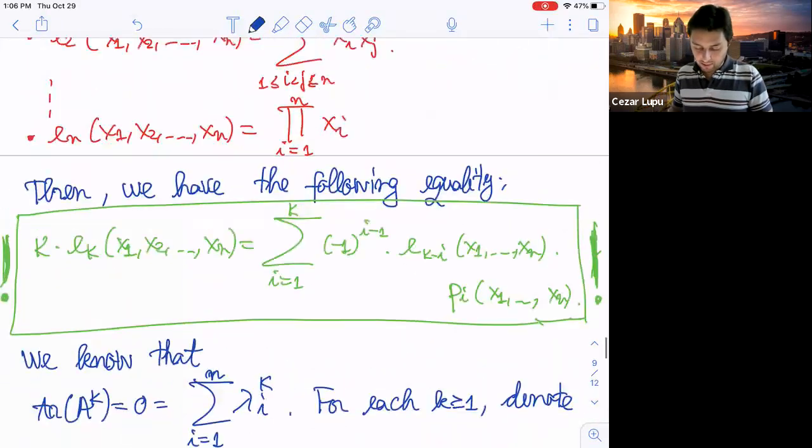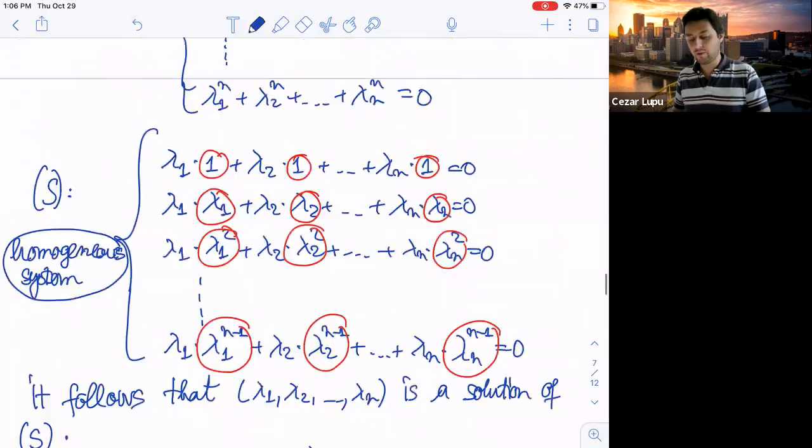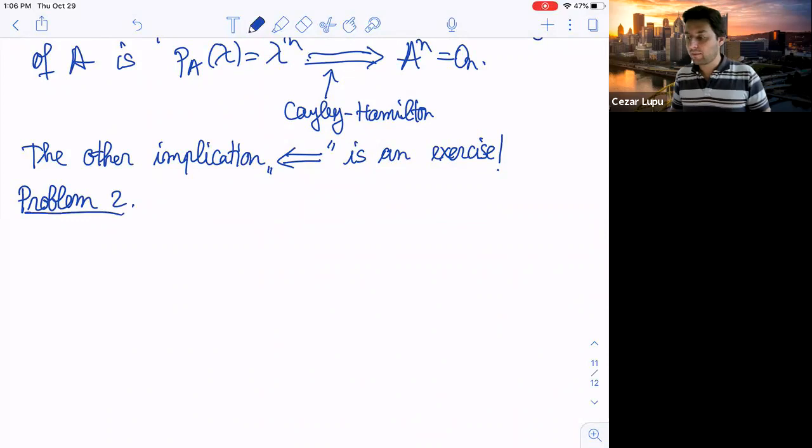So this is problem number 2. It says the following.